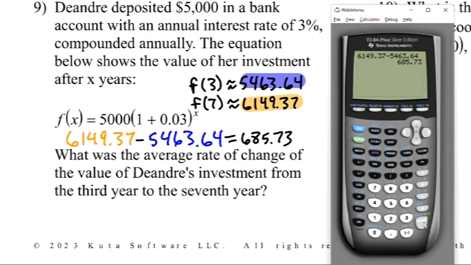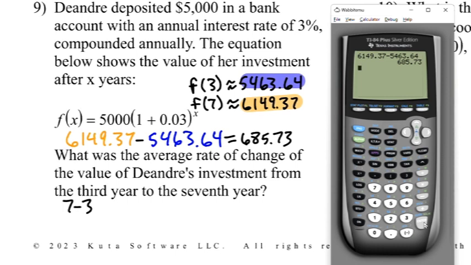So that's how much the value changed over the course of those 4 years, from year 3 to year 7. Maybe that's 5 years. Let's see. Third year, fourth. 3 to 4 is 1. 4 to 5 is 2. 5 to 6 is 3. 6 to 7 is 4. So it's 4 years. And I could have just done 7 minus 3, because we're talking about from year 3 to year 7.